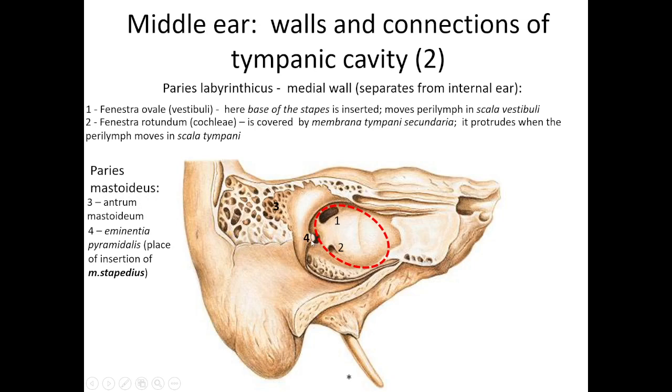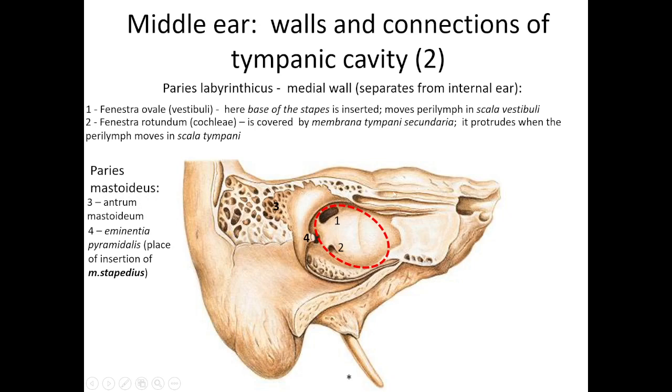So, in this picture, we have seen two walls. The medial wall, paries labyrinthicus, and posterior wall, paries mastoideus.